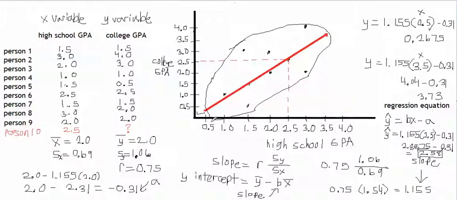And what if the correlation was negative? What if the line was dropping like this? In that case we would have a negative correlation coefficient. R would be negative, which would mean that the slope would end up being negative when you use this formula.